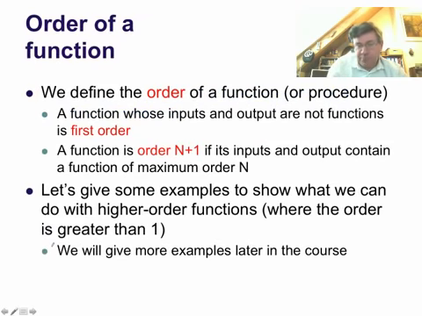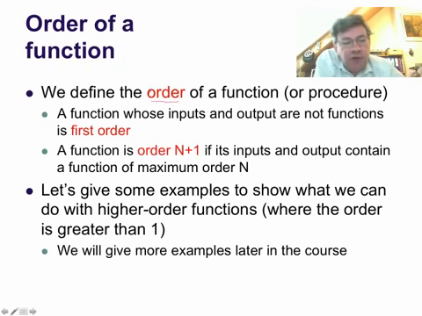So, first of all, let's define what it means, the order of a function. Because we're talking about higher order programming. What is this higher order? Well, we can define the order of a function or procedure. We start by saying a function whose inputs and output are themselves not functions. They are, for example, just integers or lists of integers. Well, this kind of function, we say it's a first order function.